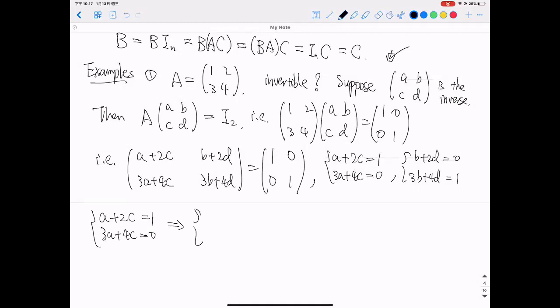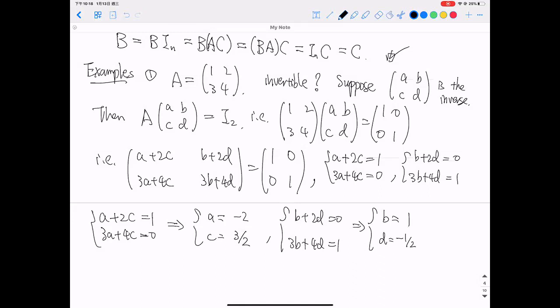It will turn out that a and c are equal to these values respectively. And b plus 2d goes to 0, 3b plus 4d equaling 1. And this will give us b equals 1, d equals minus a half.